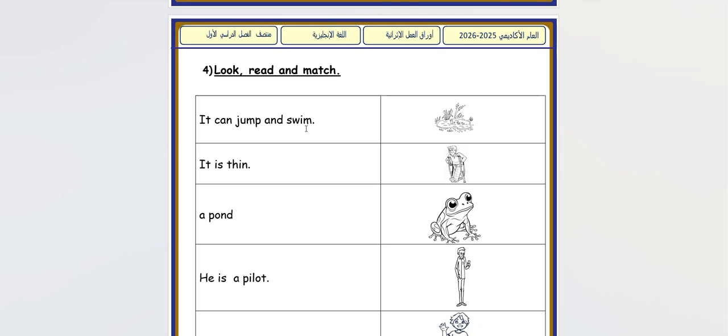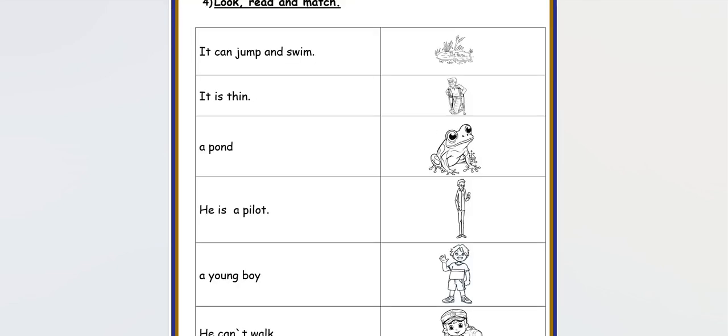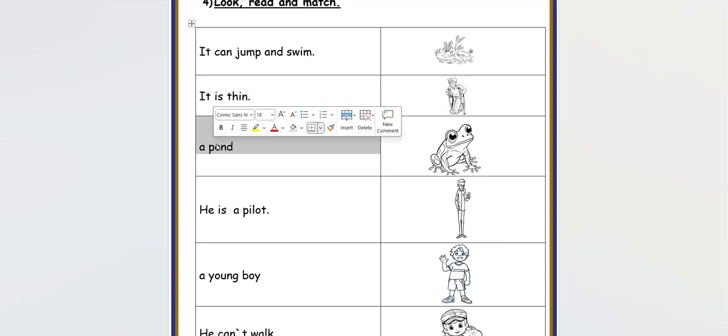It can jump and swim. This picture. Second one, it's thin. This sentence to this picture. And next one, a pond. A pond, it's water and where ducks can live.